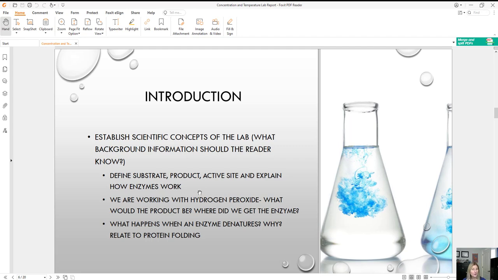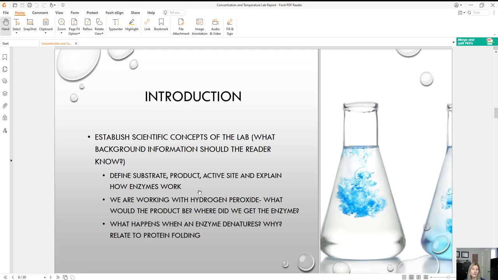The enzyme helps the reaction that takes place. The substrate H2O2 will break into a water molecule and oxygen, so H2O, water, plus oxygen, O2. We actually measure the oxygen in the foam. So that's the product: the water and the oxygen are the products from that substrate.